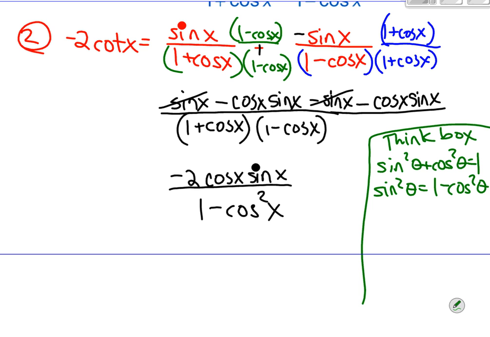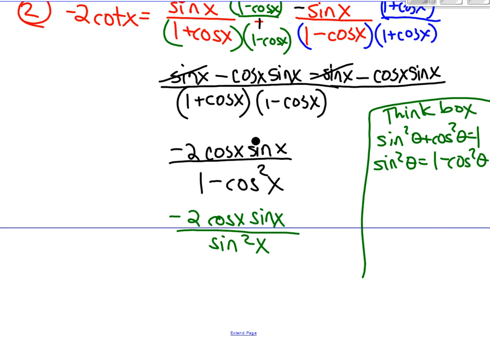Then we'll do this substitution, -2 cosine x sine x over sine squared x. And I don't quite want to lose my -2 cotangent x. But what can I do right now, Austin? What's something I can do?